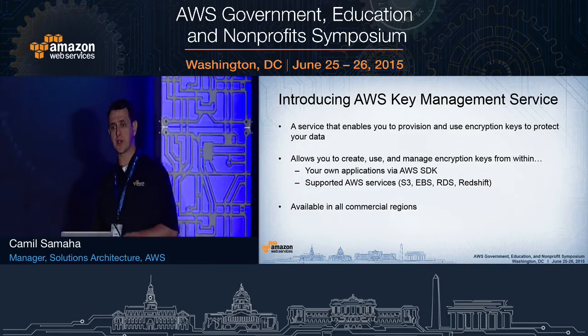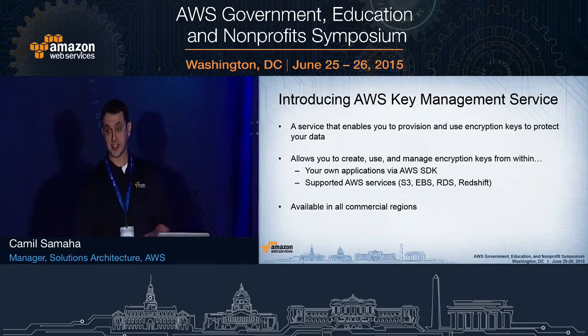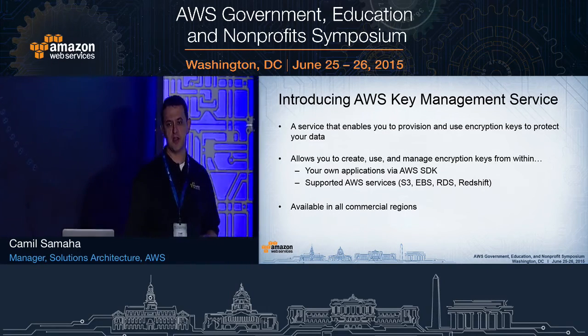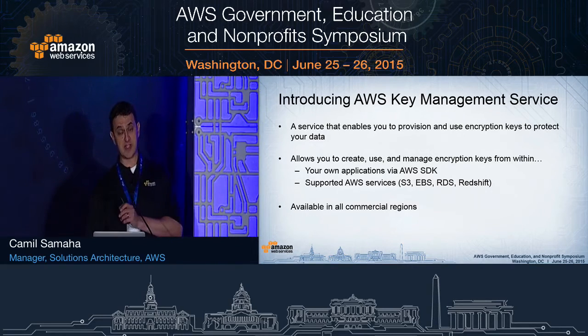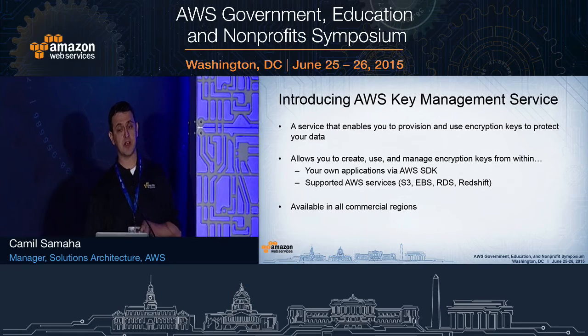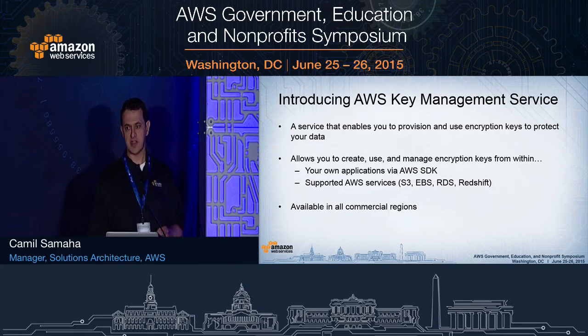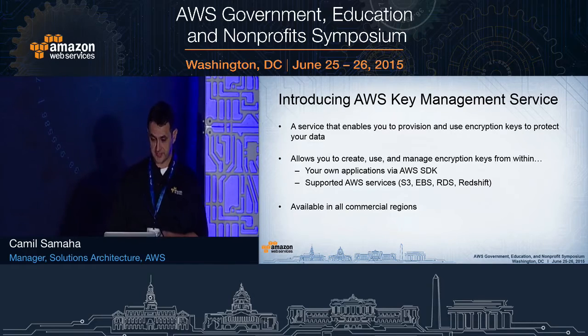And we have several services that are fully integrated with KMS, such as S3 and EBS, and Redshift and RDS. Right now, it's available in all commercial regions. It was very recently added to the US GovCloud region as well. So KMS is widely available, and you could leverage it today in all the commercial regions.